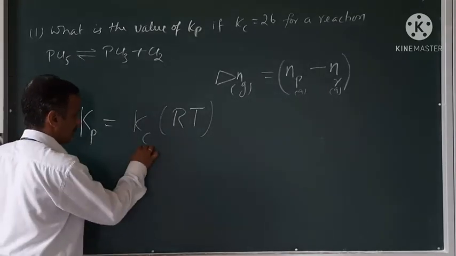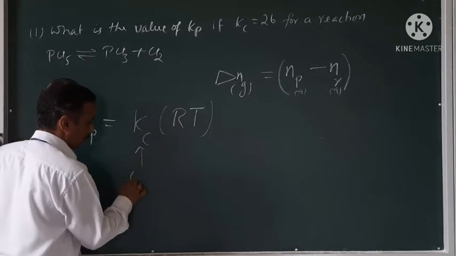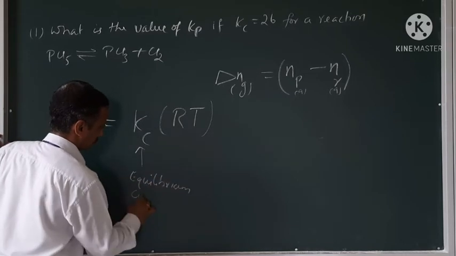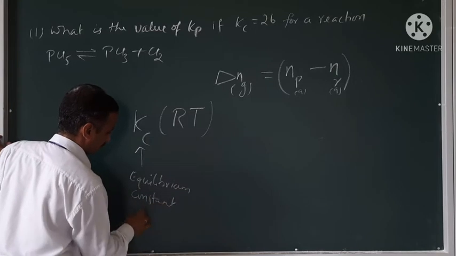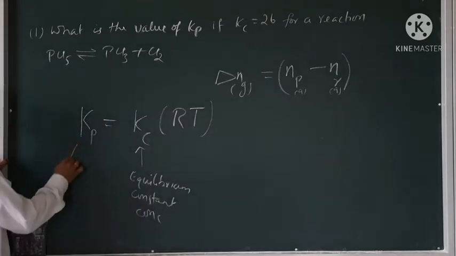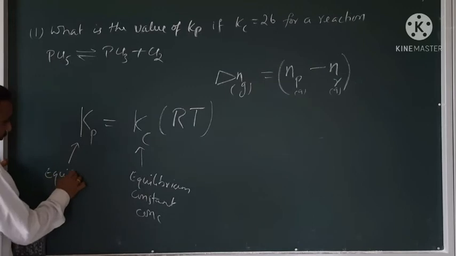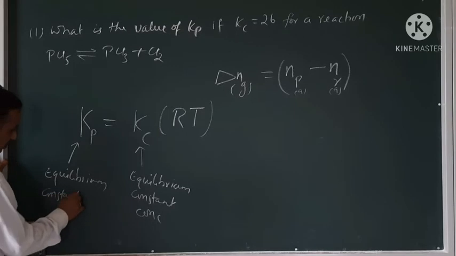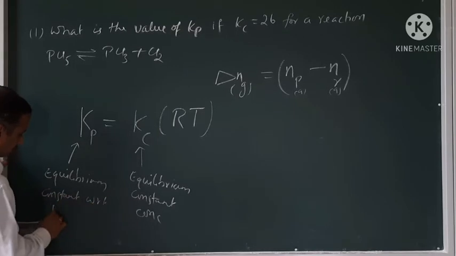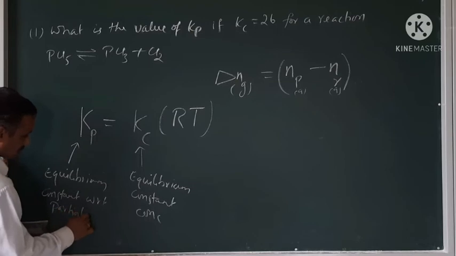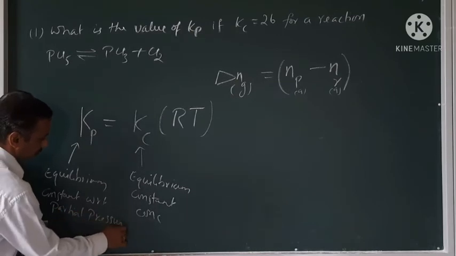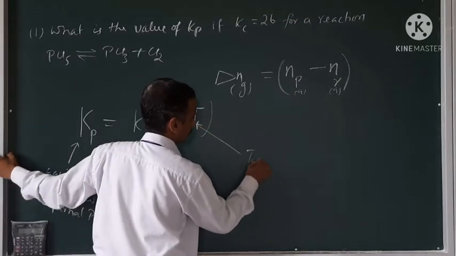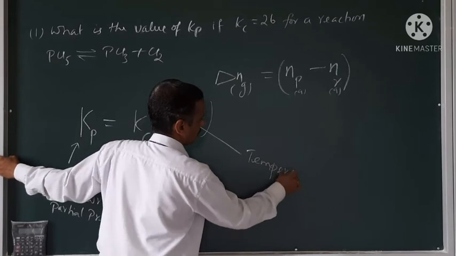Then Kc, I know, is the equilibrium constant with respect to concentration. Kp is the equilibrium constant with respect to partial pressure. And T is the temperature in Kelvin scale.